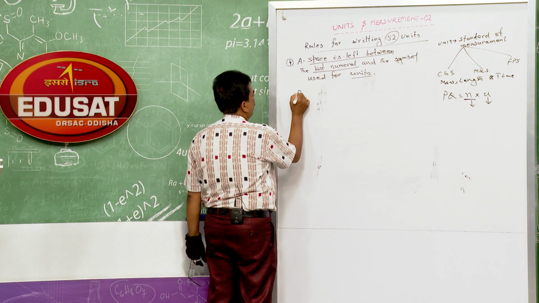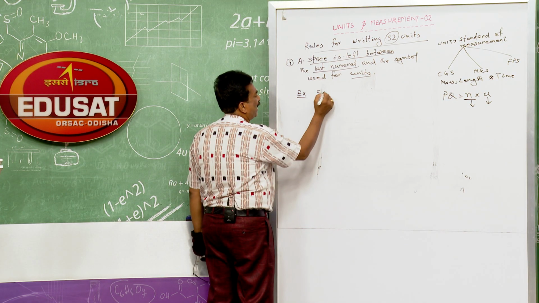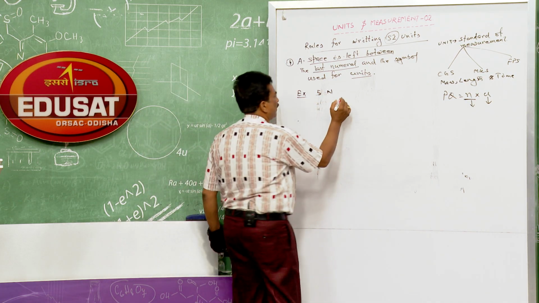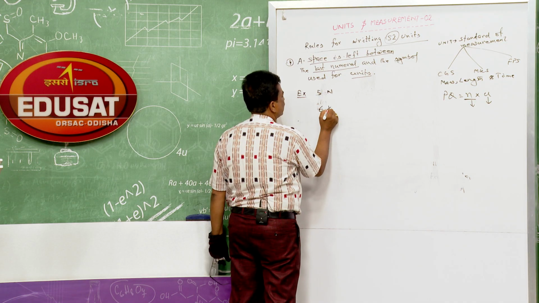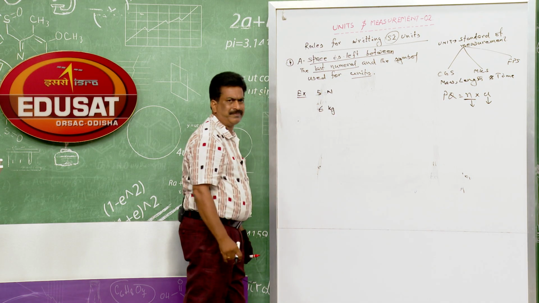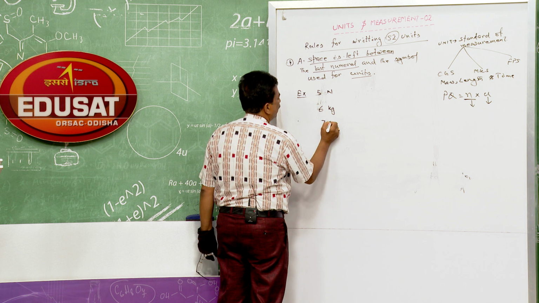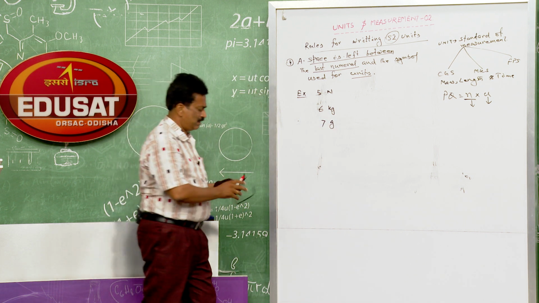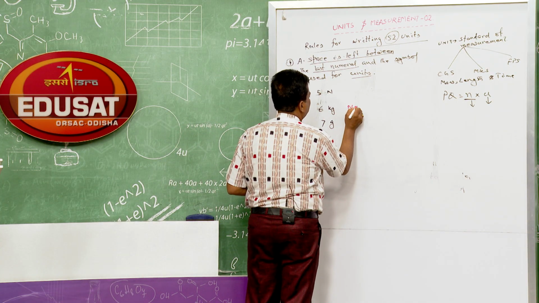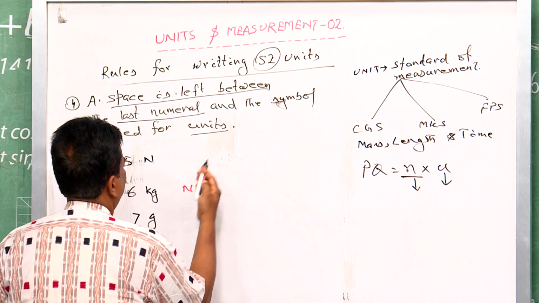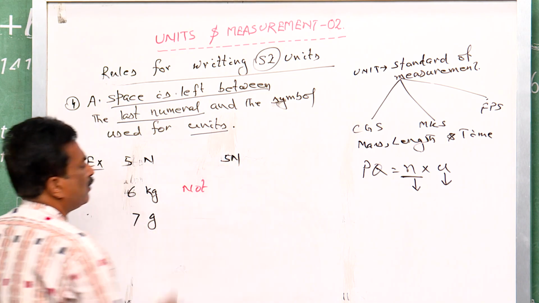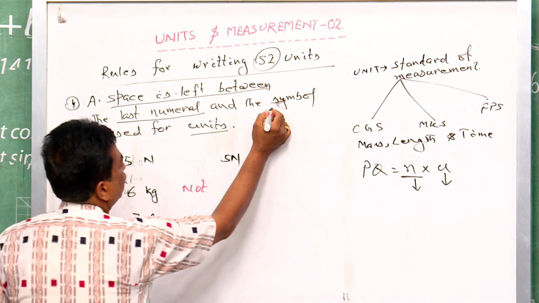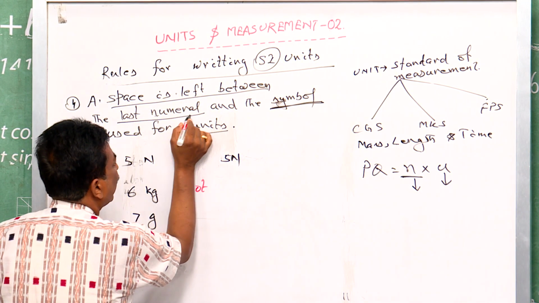Suppose I say for example 5 N, this is 5 N, or 6 kg, or 7 G, 7 G, and it is not written as 5N. Means with the 5, the N should not be joined.